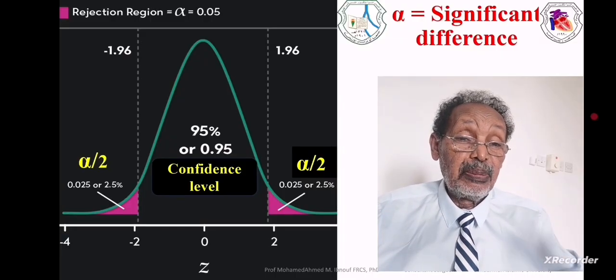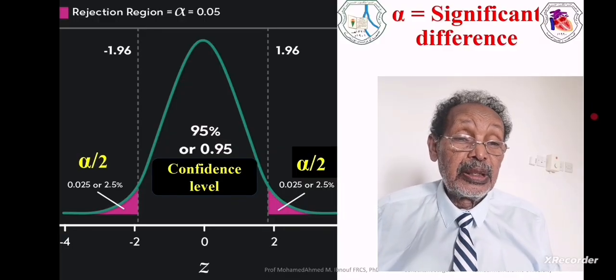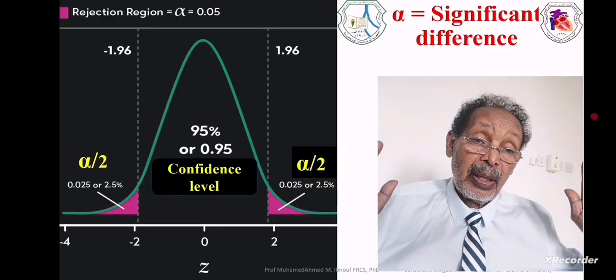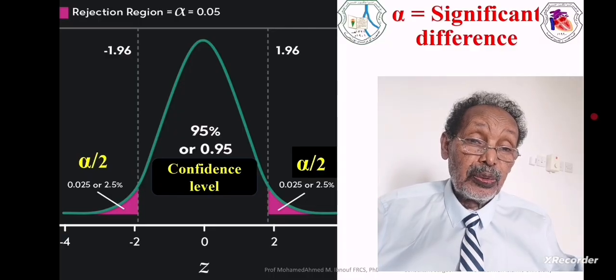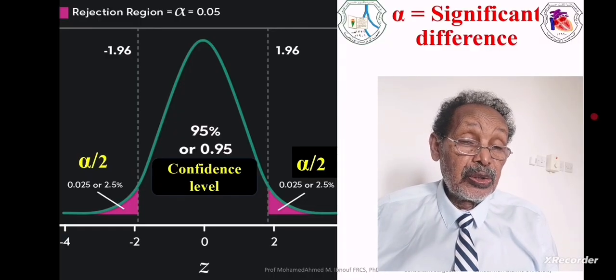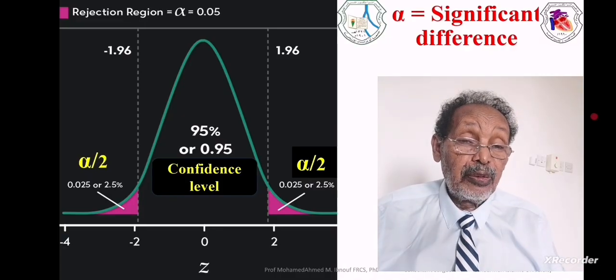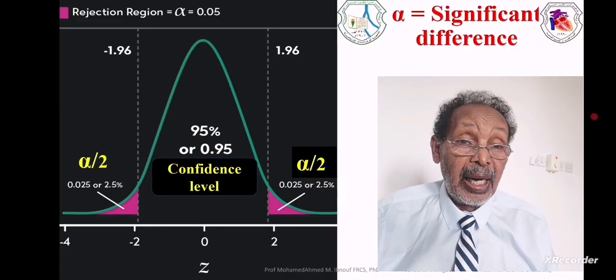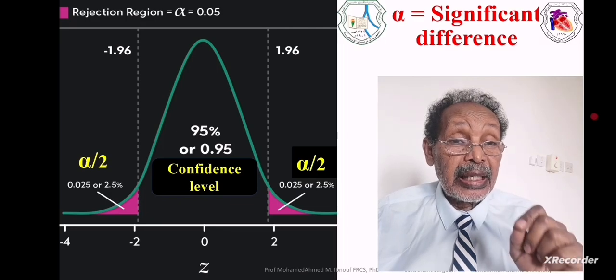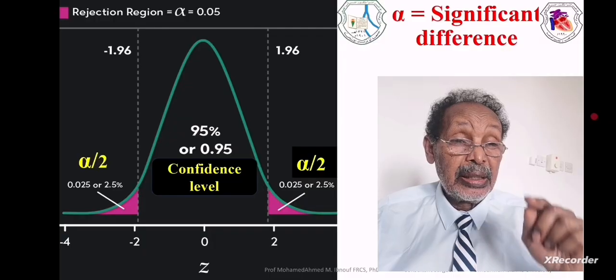That is 2.5% above the upper limit and 2.5% below the lower limit, that is 0.025 above the upper limit and 0.025 below the lower limit. And the cutoff is demarcated by the Z critical value of plus minus 1.96.